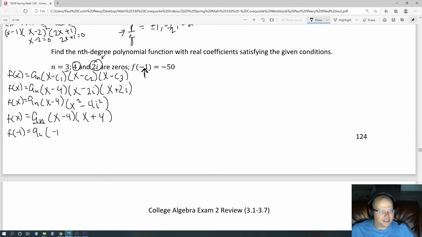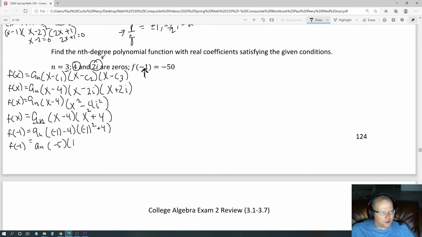So I plug in the negative 1 minus 4. And then I have negative 1. Oh, I'm sorry, there's a square there. Negative 1 squared plus 4. Okay, so I'm trying not to skip too many steps. And we keep the an. Negative 1 minus 4 is negative 5.